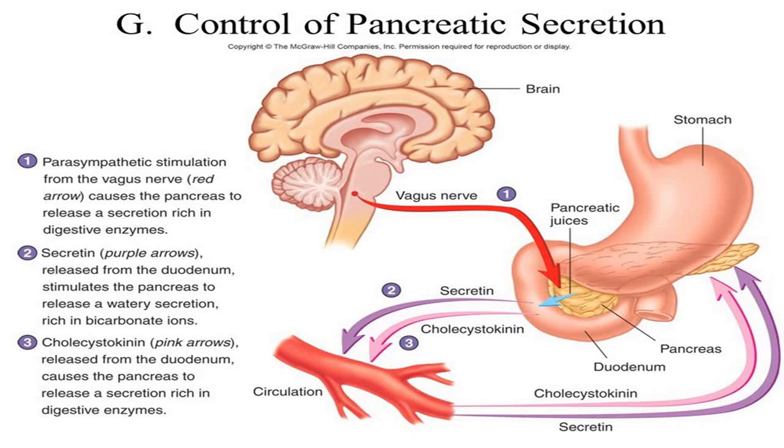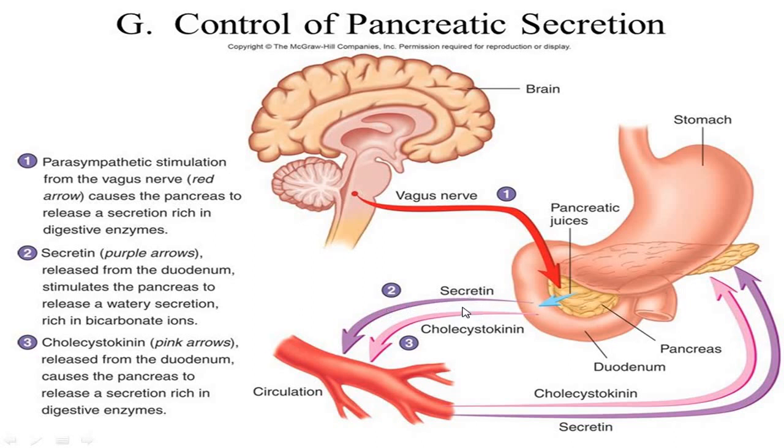Now the secretion of pancreatic juice. Remember secretin and cholecystokinin. When the acidic chyme from the stomach enters the duodenum, the fats present in the acidic chyme stimulate the wall of the duodenum to secrete cholecystokinin, and the acidic chyme stimulates the duodenal wall to secrete secretin.